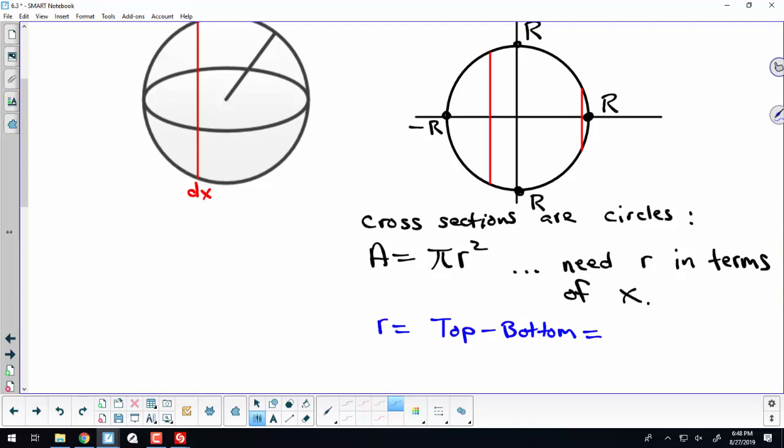And since we want the radius, what do we need to do? Yeah, divide that by 2. So we'll call that R1 for radius 1. This right here, we could call R2 or whatever. So the top minus bottom would give us the diameter. We want the radius, so we have to take half of that.